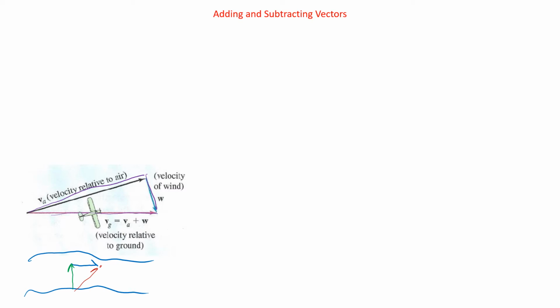So, how to add? There's a couple different ways of adding. There's the triangle method, where any way you add, you're going to put the tail on the head. So the tail would be the part without the arrow, the head's the part with an arrow. So the terminal point of the first vector becomes the initial point of the second vector. So we have u and then v, and then u plus v is the diagonal.